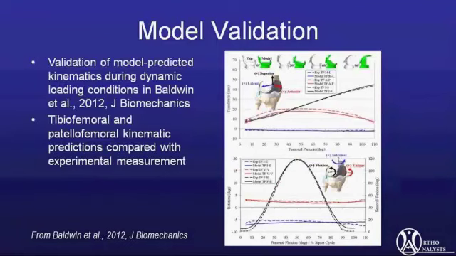Next slide, thank you. And we've basically shown that you can do a very effective job of predicting both tibiofemoral and patellofemoral kinematics with this known, well-controlled dynamic loading condition.